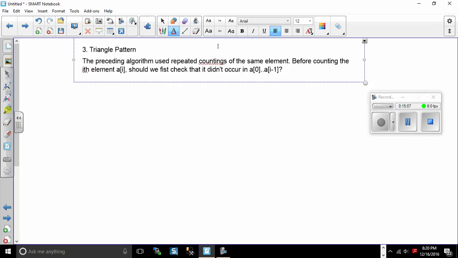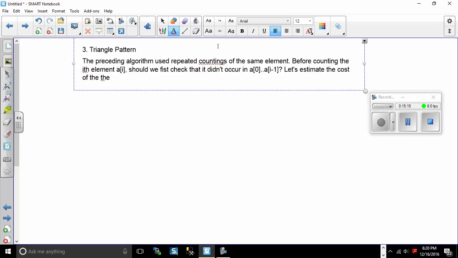So let's estimate the cost of the additional checks.